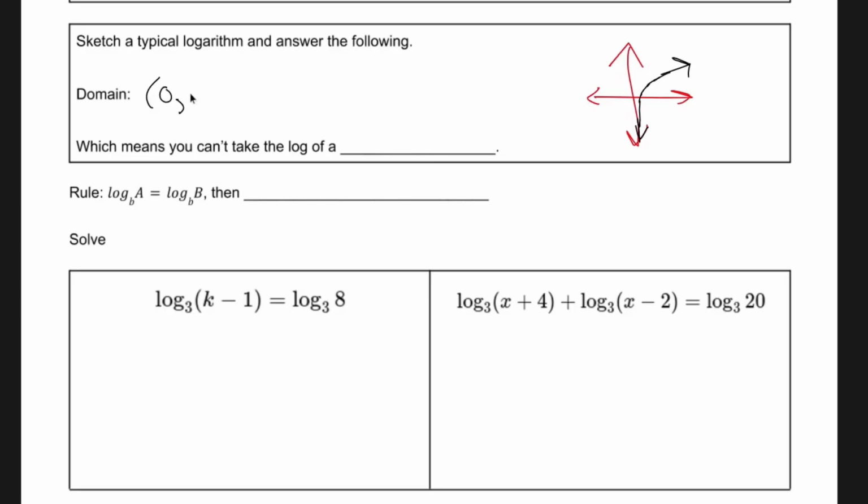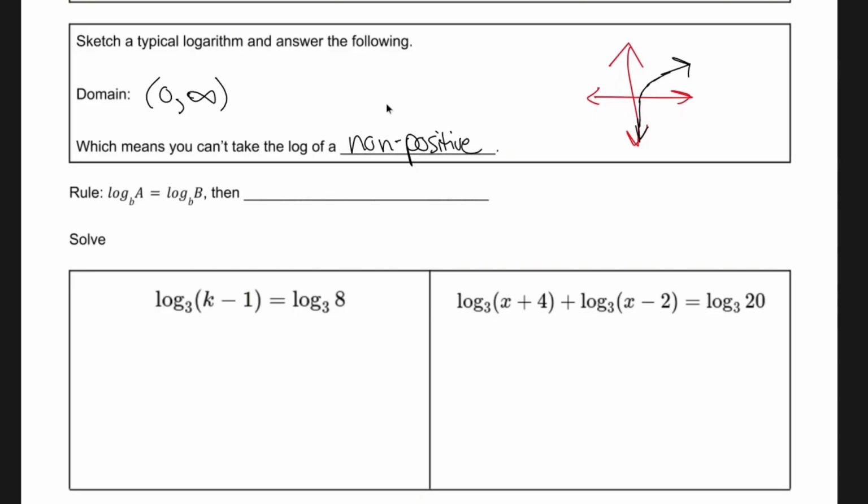So from 0 on to infinity, you can't even include zero, which means you can't take the log of a non-positive number. So you can't take the log of a negative number. You can't take the log of 0. Okay, you can only take logs of positive numbers.